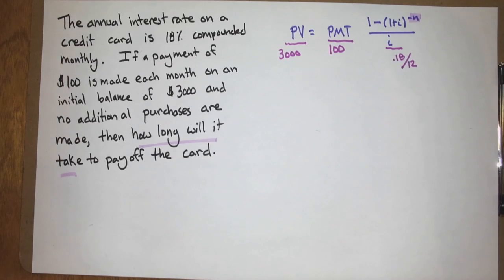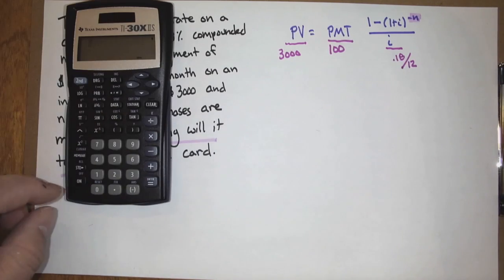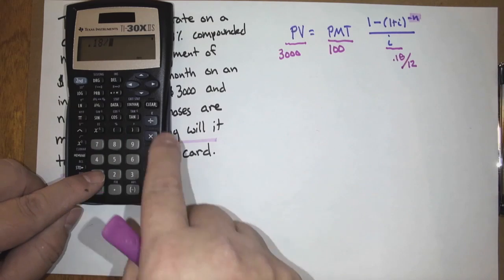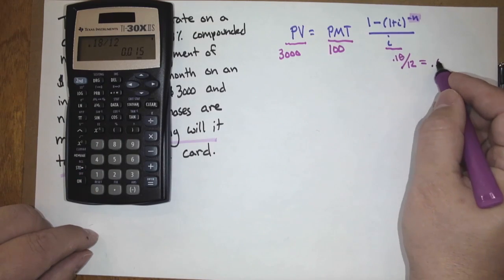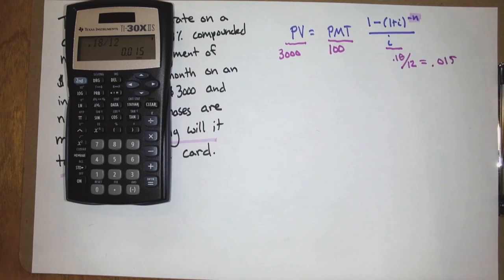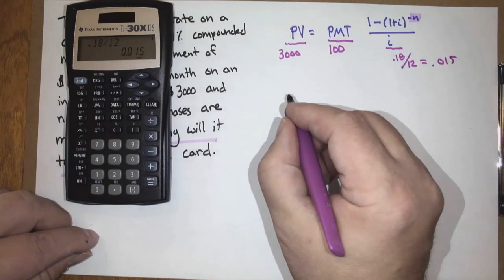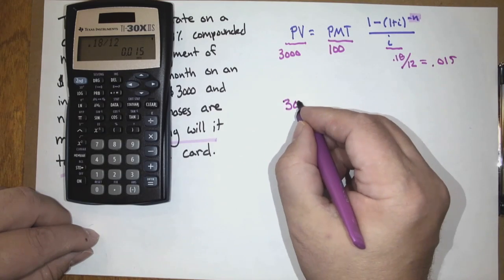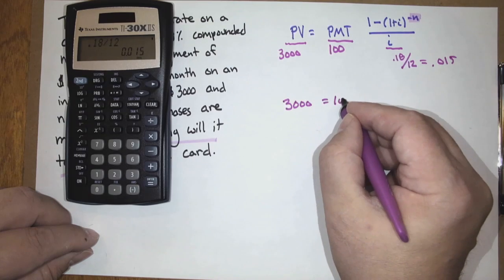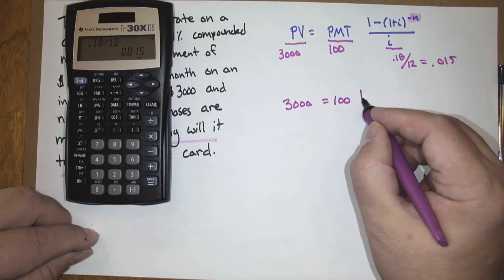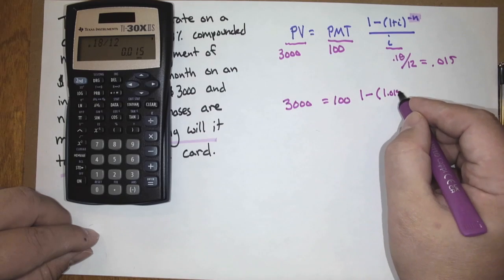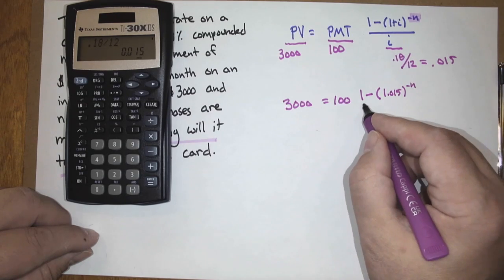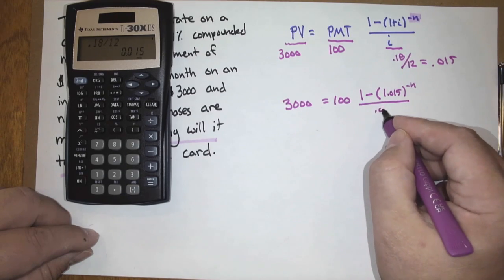I feel like we could probably make that a little bit cleaner. Does that clean up nicely? I'll use a calculator, pretending like we need a calculator to do that. So 0.18 divided by 12 is 0.015. All right, so we have the following. I'll rewrite it again. 3,000 is 100 times 1 subtract 1 plus 0.015, which is 1.015, to the minus n, divided by 0.015.